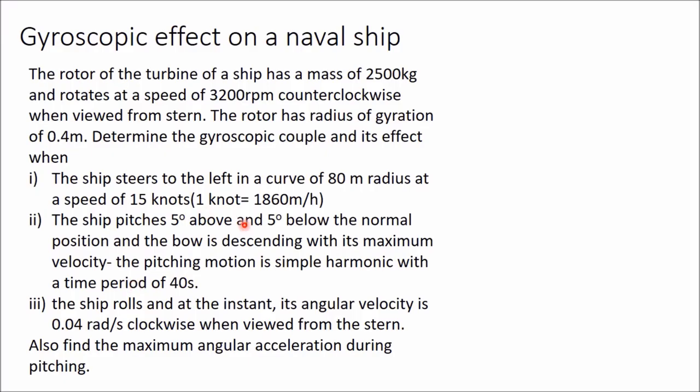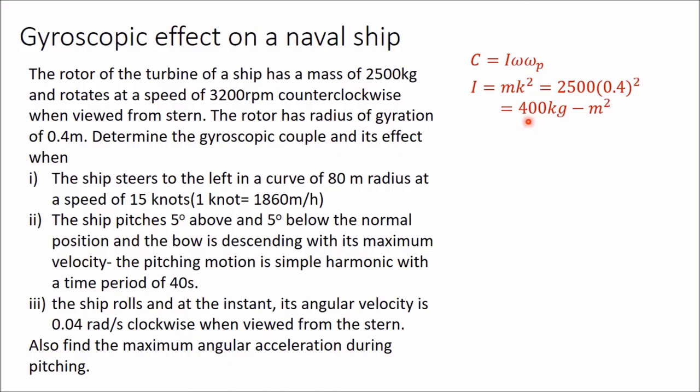This question I have taken from the book Theory of Machines by S S Rattan. In that book you should correct this value: it is given as 0.4 radian per second, but you correct this as 0.04 radian per second. Now in this problem, the gyroscopic couple in all three cases will be given by I omega omega p, where the value of I is m k square, which we can calculate: mass 2500 kg, and radius of gyration 0.4 meter, 0.4 square.